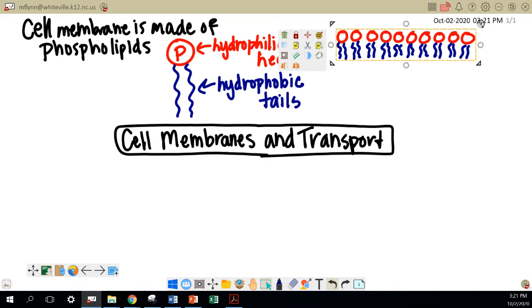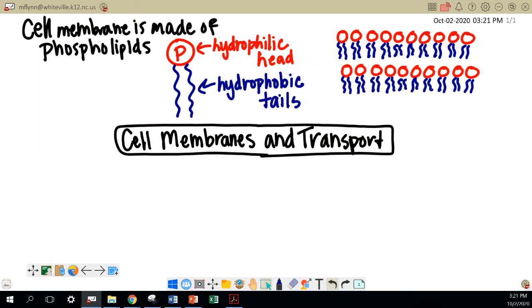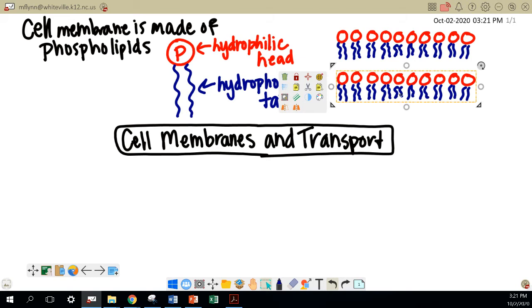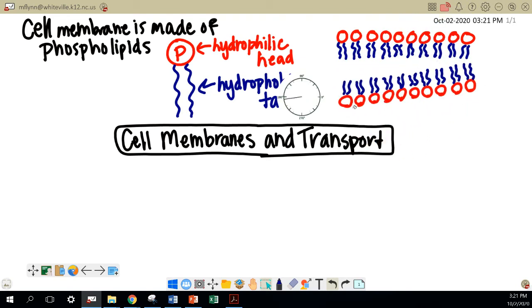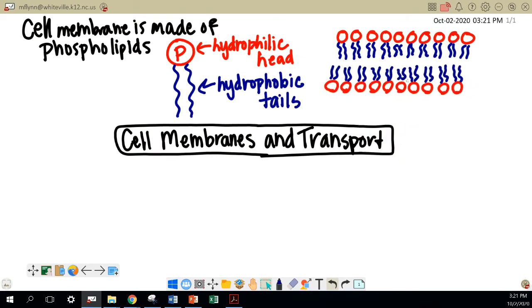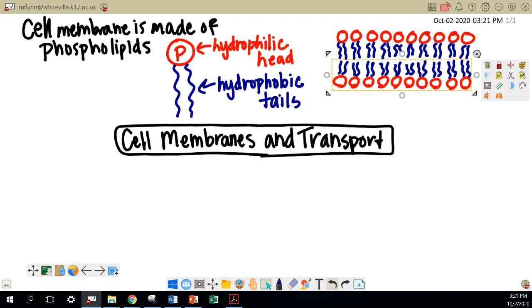So the way that they combat that is this. So they have two layers of this. So they're arranged something like that. So we have two separate layers of these phospholipids where the tails are on the inside. So these are the hydrophobic.